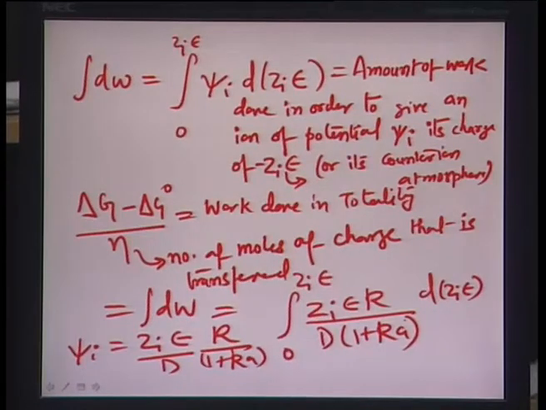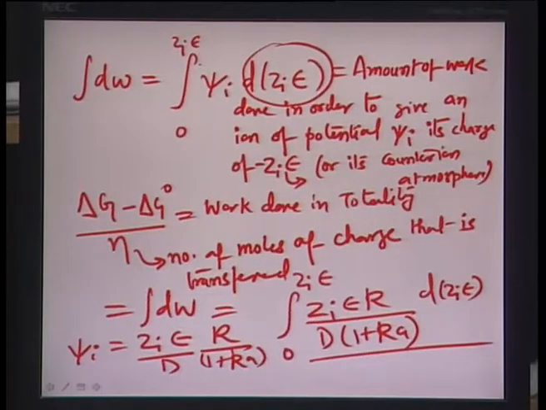So far things are pretty clear that we are talking here about trying to give an ion of potential phi i its counter ionic charge of minus Zie, in bits and pieces of dZie, and then the total amount of work done is computed by doing an integral as if the counter ion were 0 before and it goes all the way to about Zie. So, it is a kind of indirect way of looking at it.